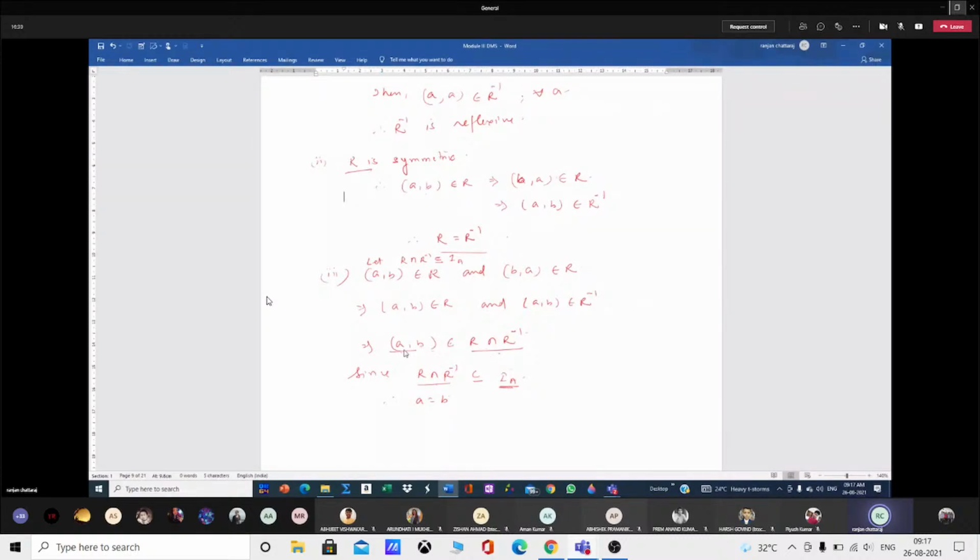That means definitely A is equal to B, otherwise it will not be a subset of IA. So this is the condition for the anti-symmetry. These are some examples, and you can see other examples from the book also.